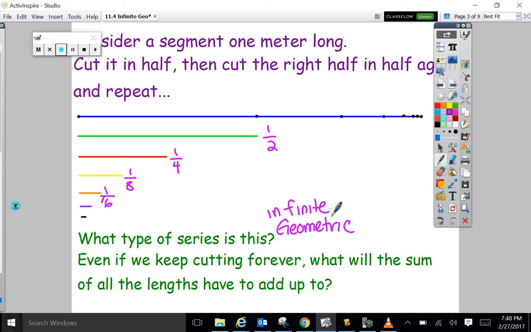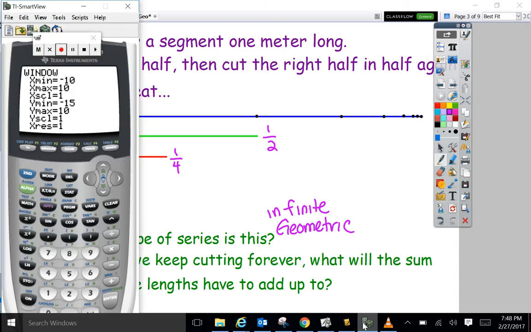And even if we keep cutting on forever, what will the sum of all the lengths have to add up to? Well, hopefully you see, even if we cut this in half, if we add all these together, they're going to eventually have to add up to what you started with, the blue. That was the original length. It has to add up to that. But if you're not completely convinced, let's look at these first couple terms in the series, 1/2 and 1/4.